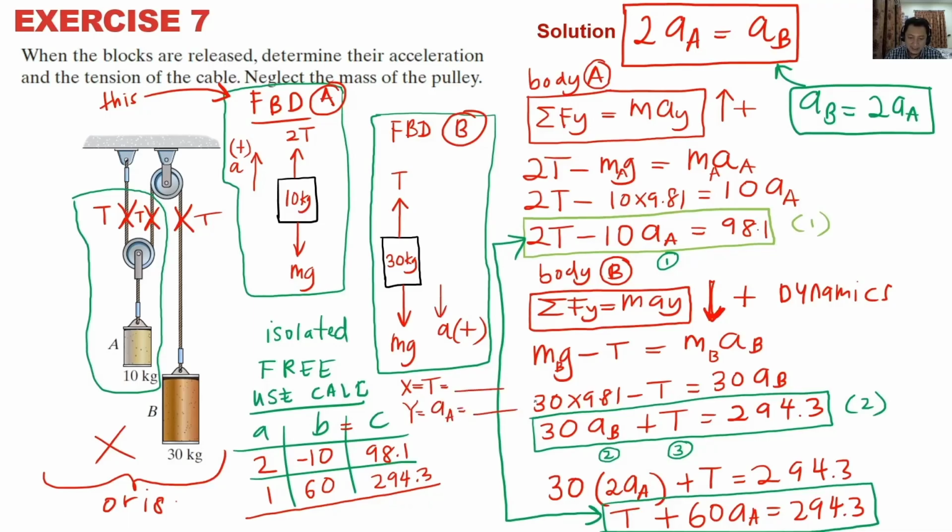This is the thing lah that you get. So solve using your calculator. 5 for equation. 2, negative 10, 98.1, 160, 294.3.